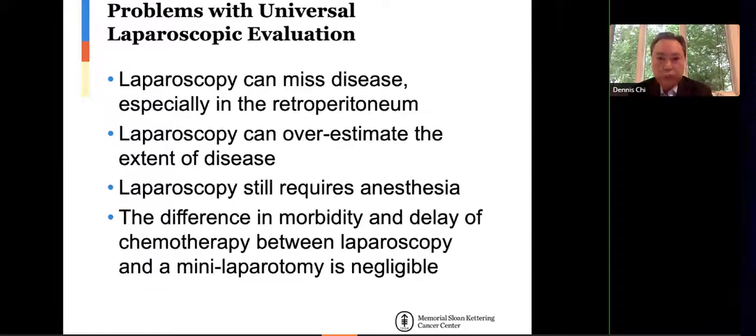So sure, you don't have to have a big incision, you don't have to risk the complications, but in the end, almost every single study that I know of that has looked at primary debulking surgery in institutions like Sven has included in the TRUST study have shown median overall survivals of over 50 months for all comers, including ours.